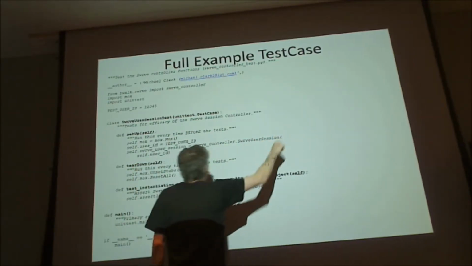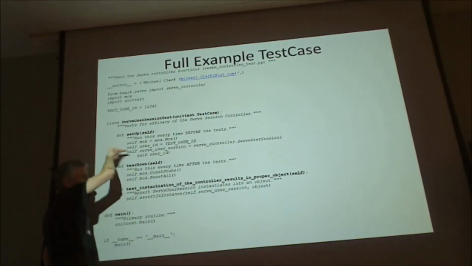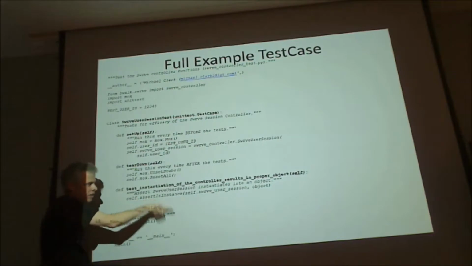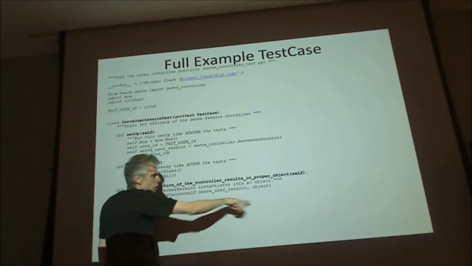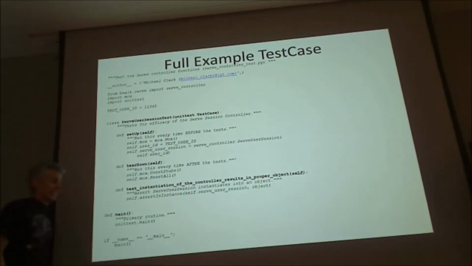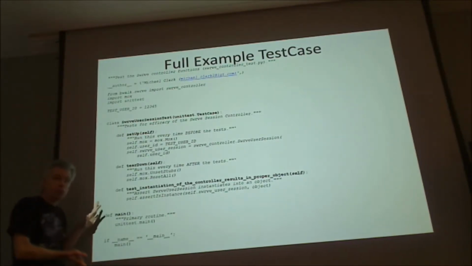I pass it a single argument. I want to check and make sure this is actually an object. So self.assertIsInstance, self.swerve user session. Yes, it's an object. We're going to do more, but I wanted to show you this is a complete file. This would literally run. You put it in your system.